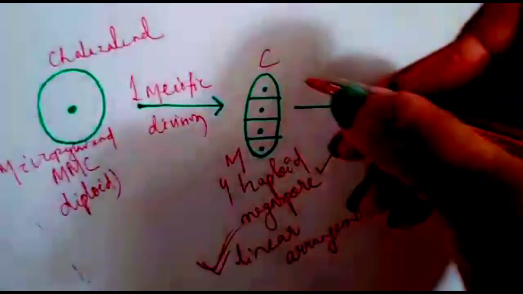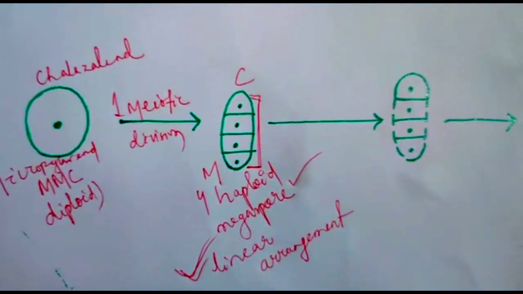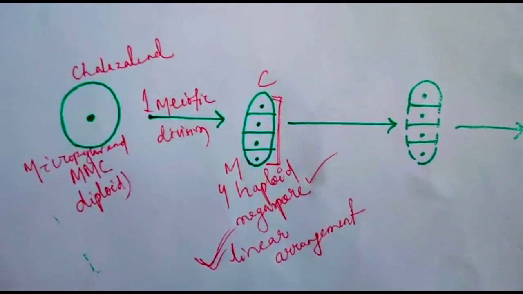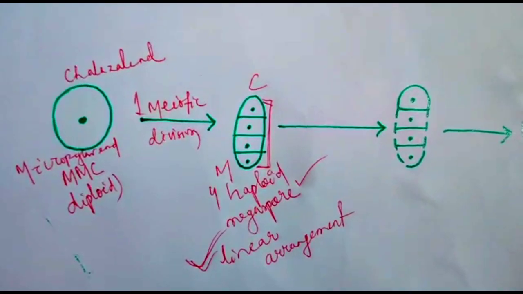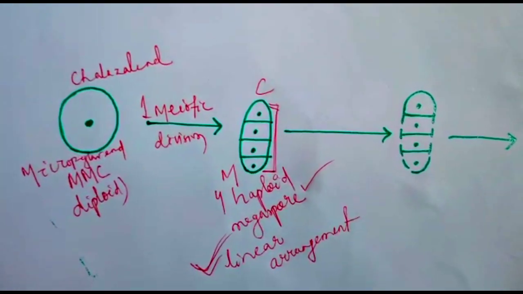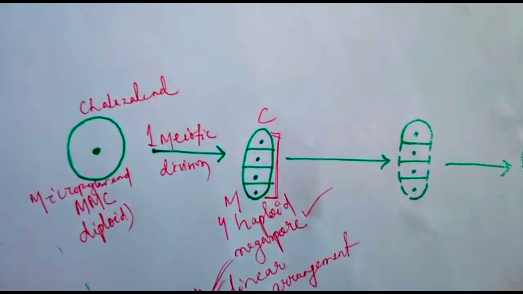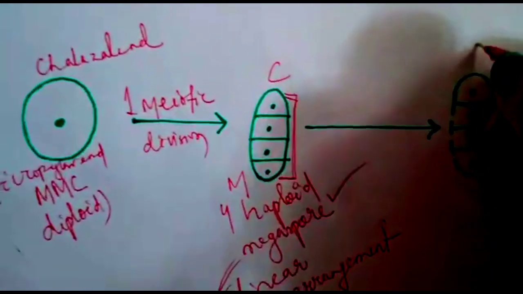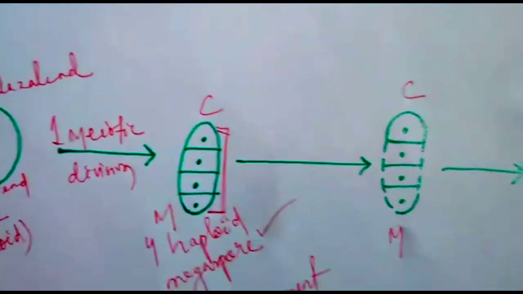Now, out of the 4 megaspores, only 1 megaspore is functional. In angiospermic plants, only 1 megaspore is functional and the other 3 degenerate. So, this is the chalazal end, this is the micropylar end.